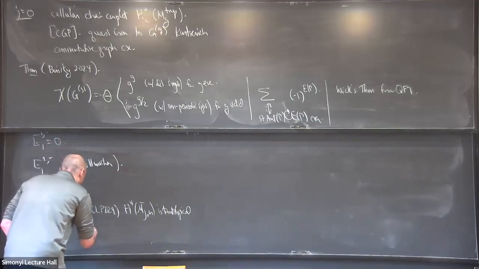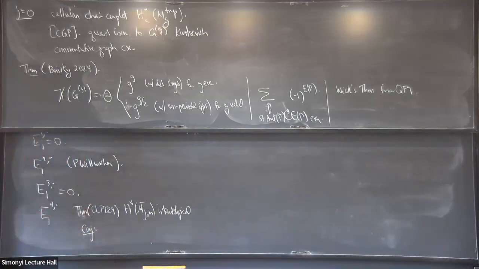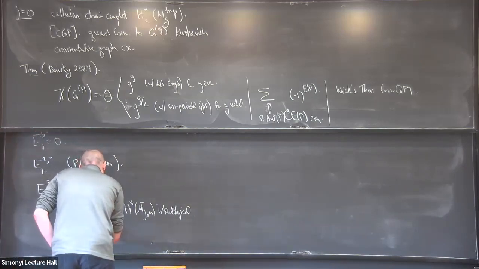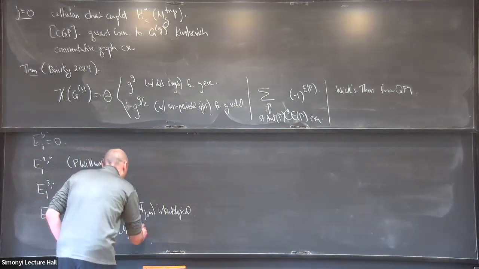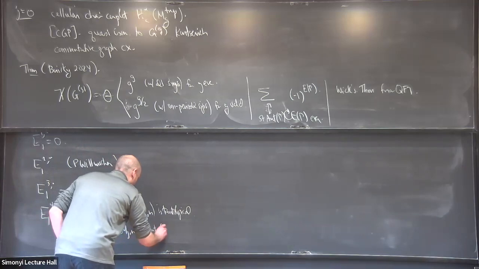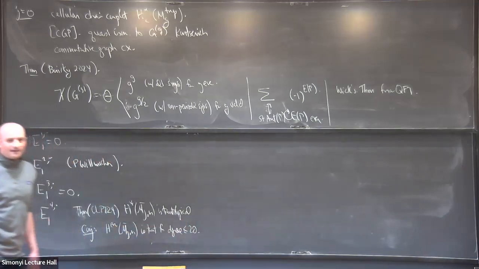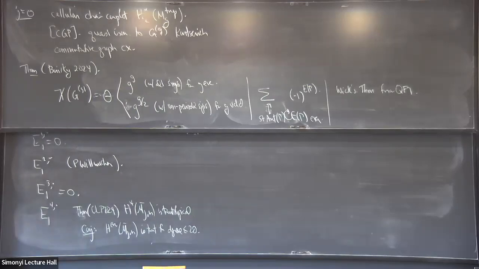And we've made a conjecture, I hope somewhat in the spirit of Mumford. The conjecture is that H^even of M_g,n bar is tautological for degree less than or equal to 12. If this is true, then it's sharp.